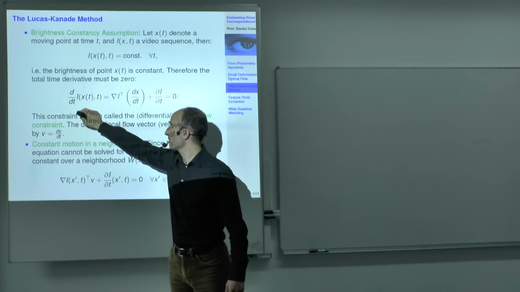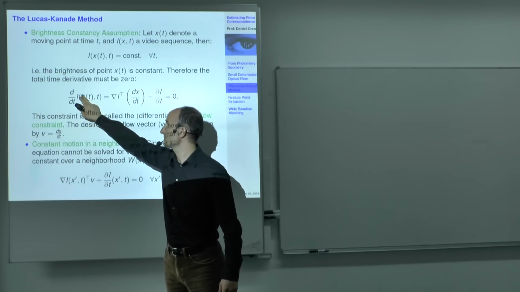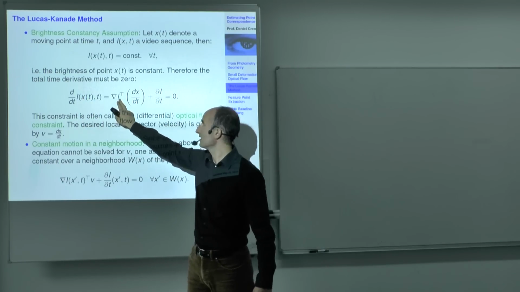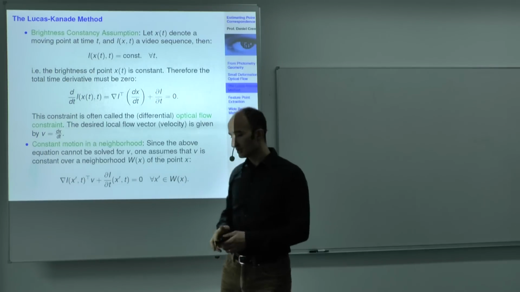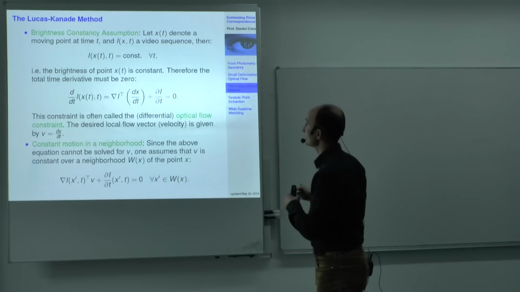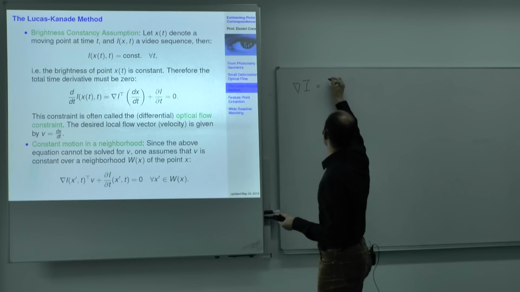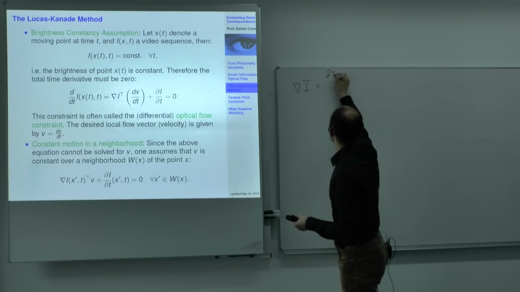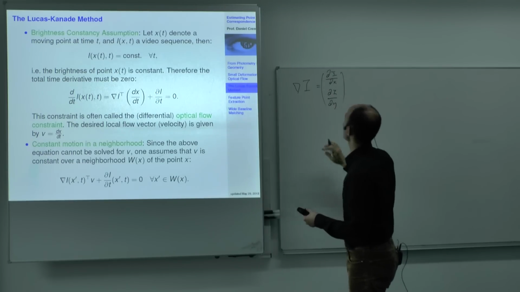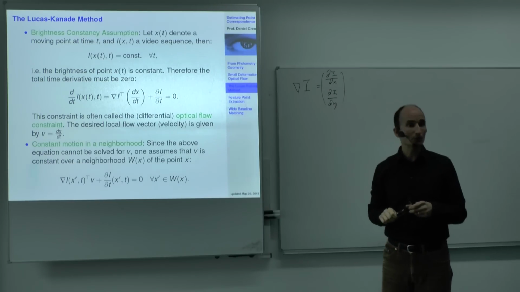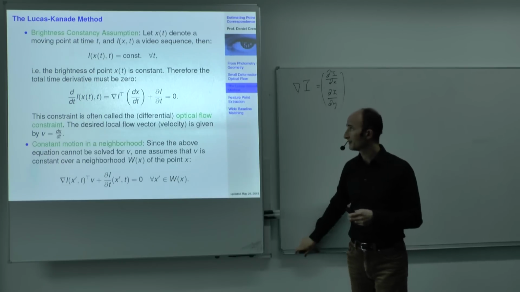For the first component, I have the derivative with respect to the first component, x, that is nothing but the gradient. For those who don't remember, the gradient nabla I is nothing but, in a two-dimensional image, the derivative of I with respect to x and the derivative of I with respect to y. So it's a two-dimensional vector containing the two spatial derivatives.